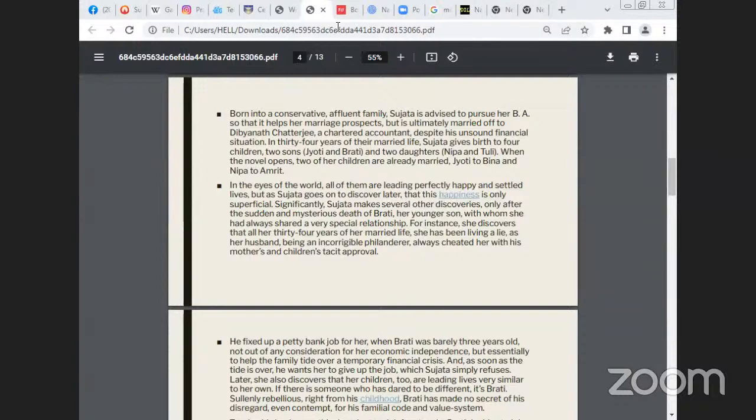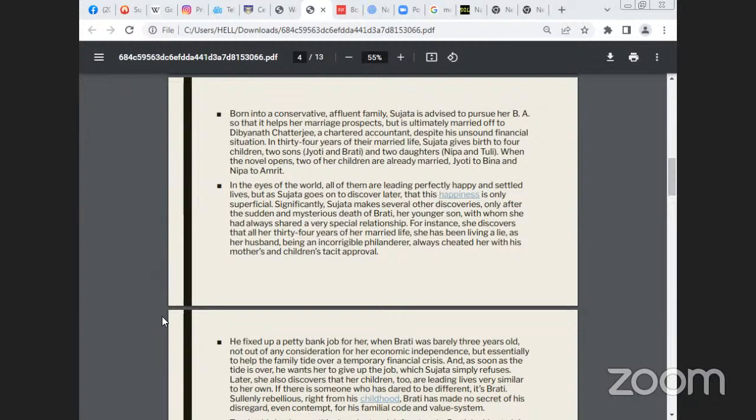But this mother, Sujata, is always interested in her younger son because he takes decisions on his own, and he is becoming a responsible person towards society and towards himself also. He is not depending on any other family. And this is another part about Brati and Sujata's relationship.